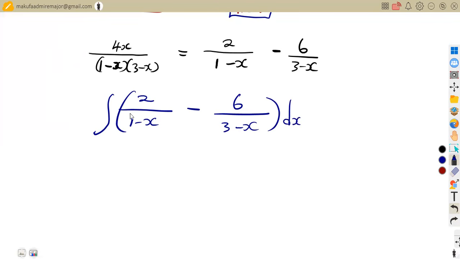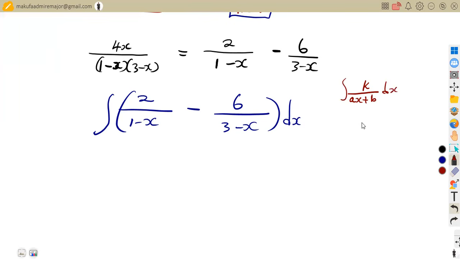So take note, if you are integrating a function, we are supposed to have ln. Let us just say we have got k over f of x, in this case ax plus b, so that you can understand. It's a linear expression that you're going to have. You are integrating this with respect to x.